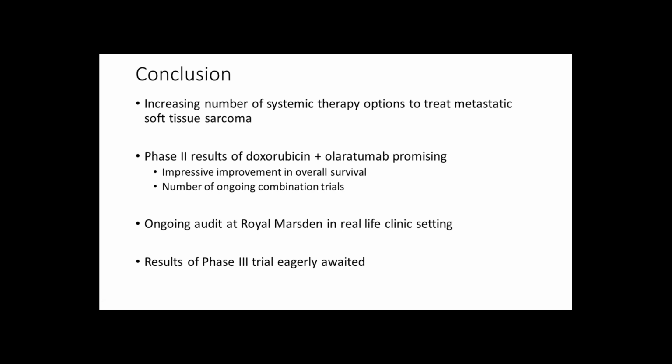And we and other institutions are auditing the real life experience with olaratumab and doxorubicin in the actual everyday clinical off-trial setting. As I mentioned, the results of the phase 3 trial are eagerly awaited. And with that, I'd like to say thank you and would welcome any questions.